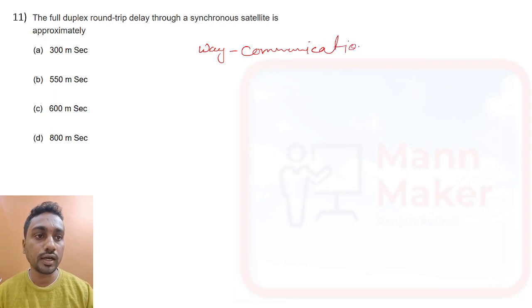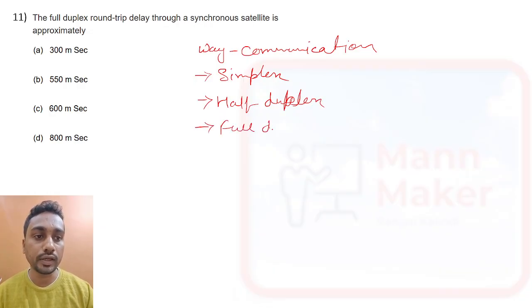Okay, you know what those are? The first one is simplex, then half duplex, and full duplex. Simplex is what? Simplex is unidirectional communication. Only one side you can do communication.